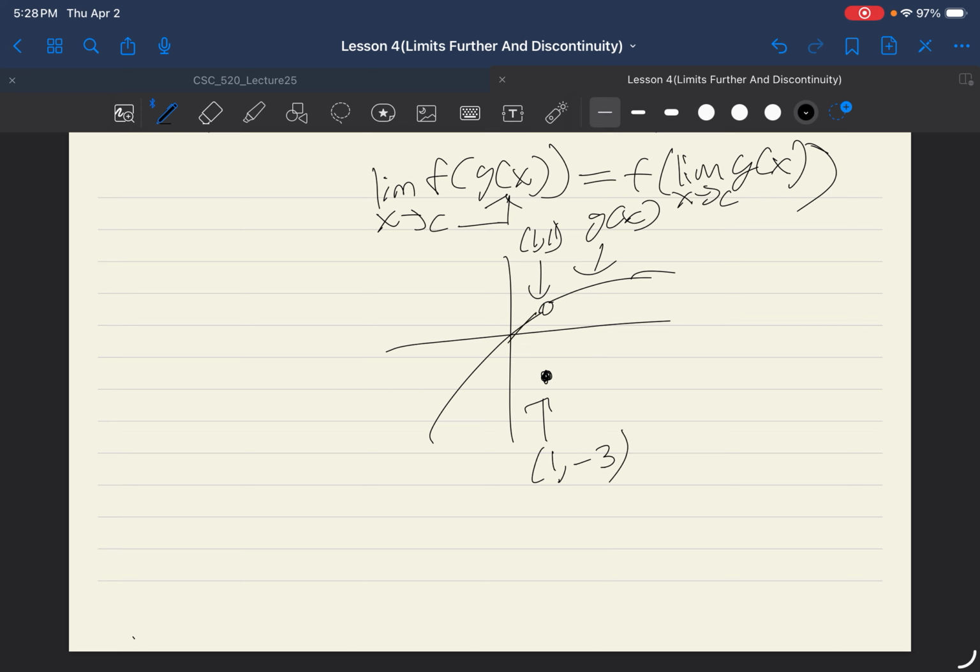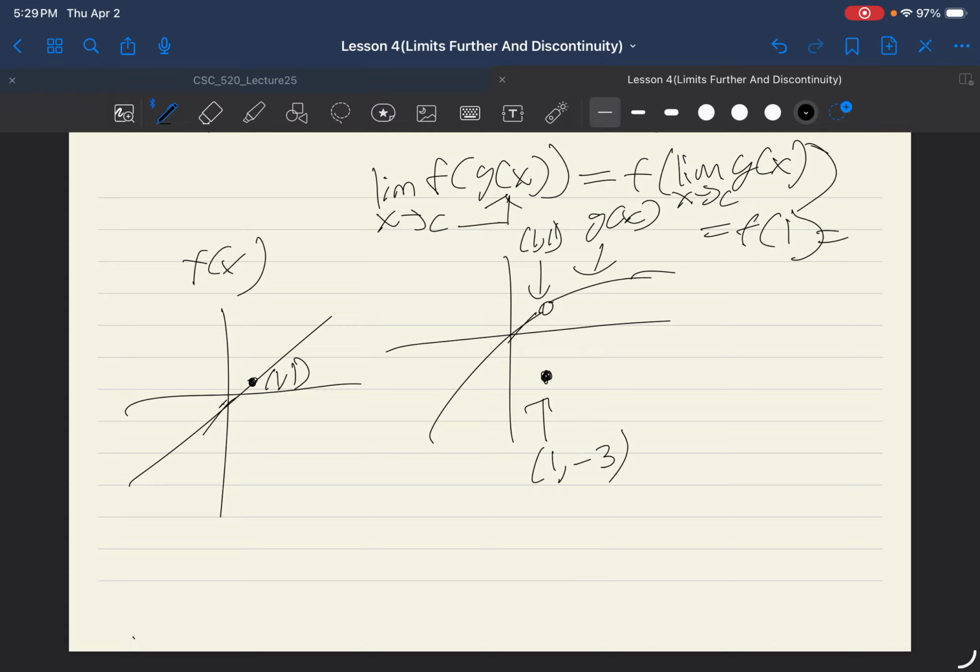It just has to have a correct limit, meaning that'll be equal to f of 1, right? And let's say f of x is just the standard linear function, and let's just call this 1, 1, right? That means f of 1 will be equal to 1. I did miss the x-intercept a little bit there. Let's just say that that's there, right?